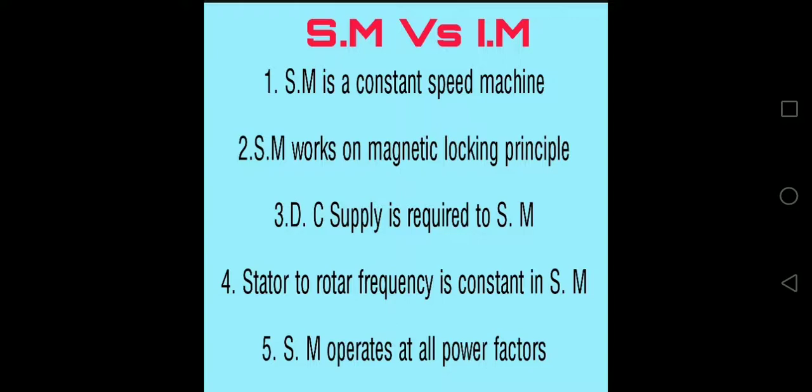But here is the difference: the synchronous machine is a constant speed machine, but the induction machine is a variable speed machine. Whenever the load is increasing or decreasing on the synchronous machine, the speed of the synchronous machine stays the same. That means the speed doesn't depend upon the load.